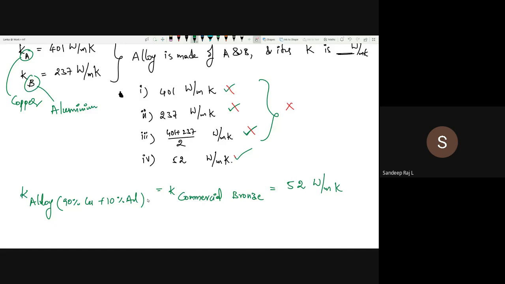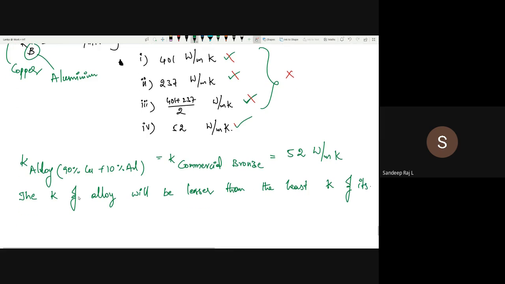Okay. So the point here is the thermal conductivity of an alloy will be lesser than the least thermal conductivity of its pure metals.